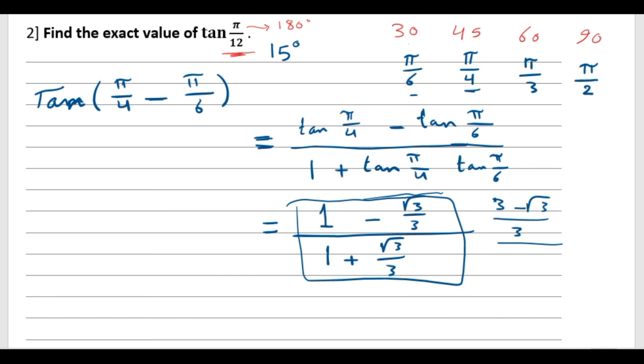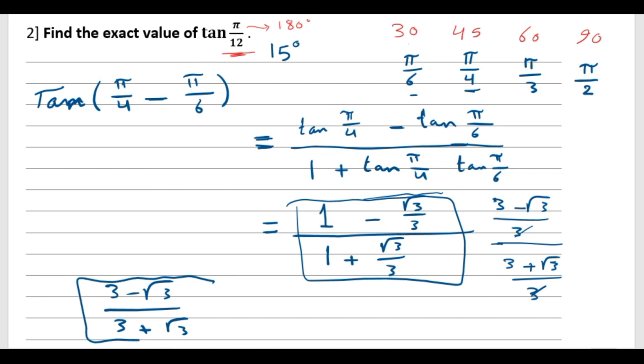Down it will be 3 plus root 3 over 3. Simplify this with this, so it will be 3 minus root 3 over 3 plus root 3. Here we can stop because he didn't give a specific form to get for the final answer. He said only find the exact value of this expression in the simplest form we can.